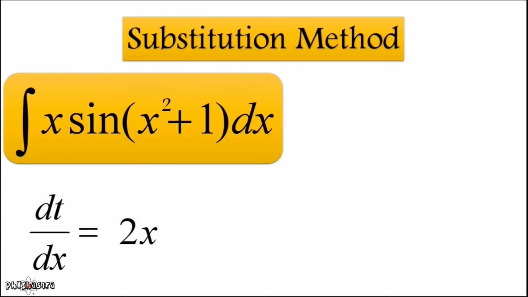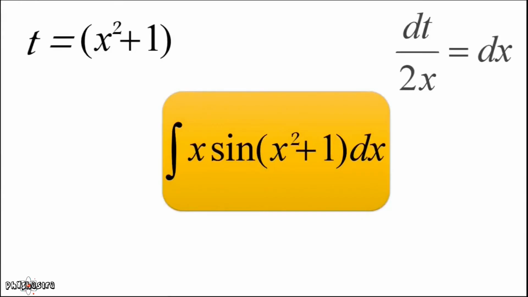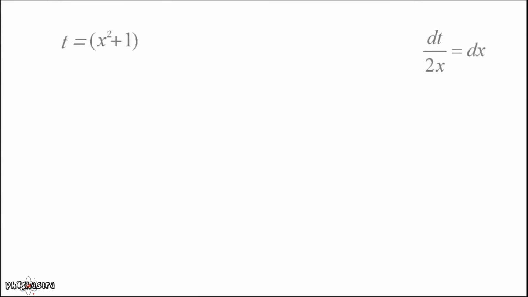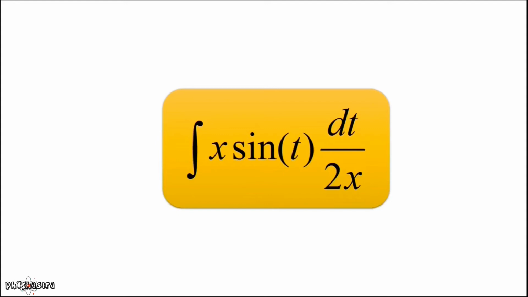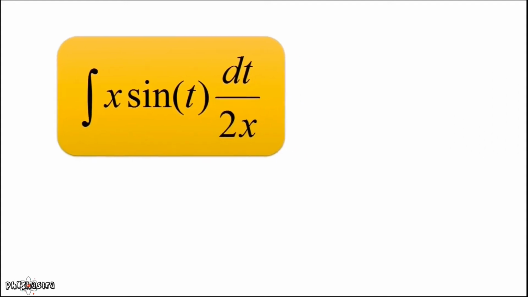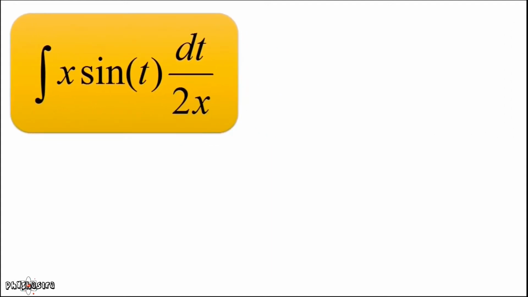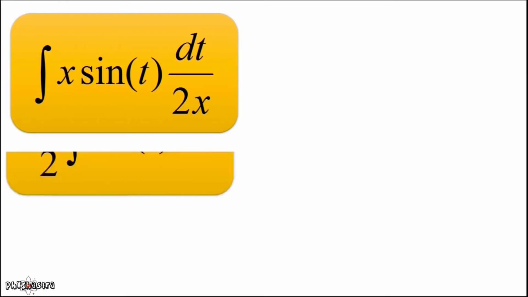Now we get dt by dx equals 2x. We rearrange it in the form of dx so that we get dx equals dt by 2x. Now in the integration, where the function is, we write the obtained dx and the substituted t. The x and x get cancelled and you will just remain with half of integration of sine of t dt.